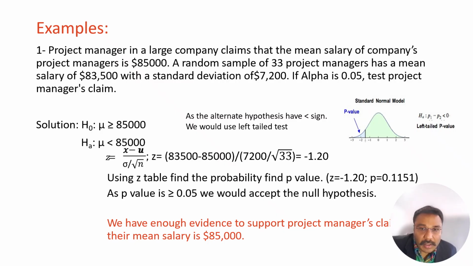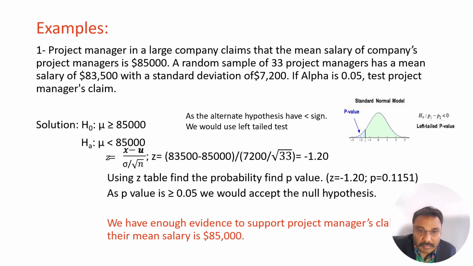X-bar is the mean salary of the random sample of 33 project managers that you take. So 83,500 minus your $85,000, divided by 7,200, which is your standard deviation, divided by the square root of 33, gives you minus 1.20, which means the p-value is on the negative side.